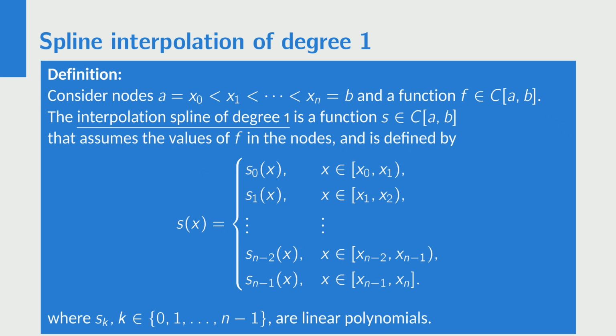So, for the first half-open interval x0 up to x1, we have the first linear polynomial S0 of x. For the second half open interval, we have the second linear polynomial S1 of x. And we continue this until we have covered the entire interval up to Sn-1 of x.